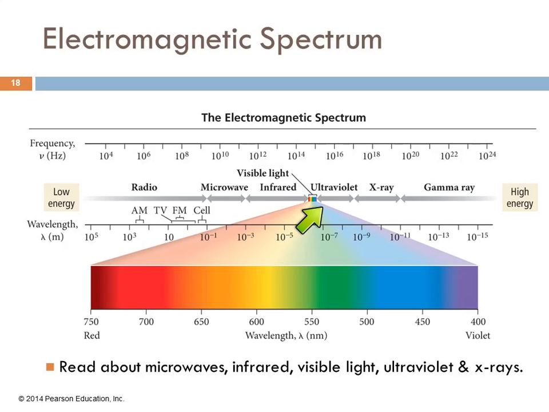Right here in this little tiny section in the middle is visible light. So we'll look at that first. What they did is they took that and they blew up the scale here, because otherwise it's just way too tiny to see. So here we have red light. Red light has a long wavelength. Long wavelength, is that higher or lower energy?